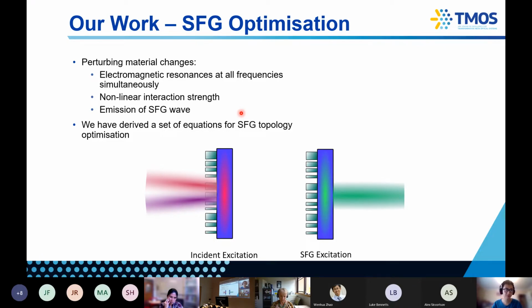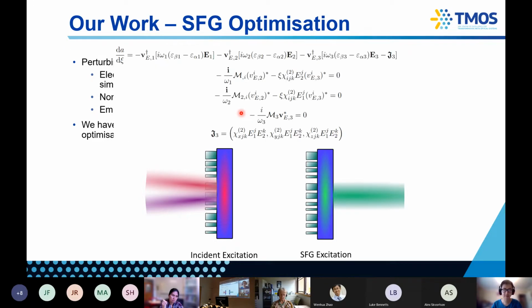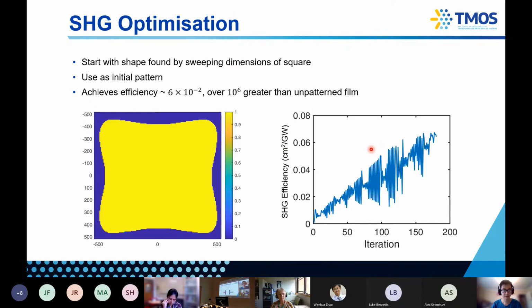And finally, the emission of the SFG wave will be different. And these set of equations are quite complex. I won't explain them, but they do exist. And the basic idea is that you use these equations to simulate electromagnetic fields and then use them to calculate your derivatives.